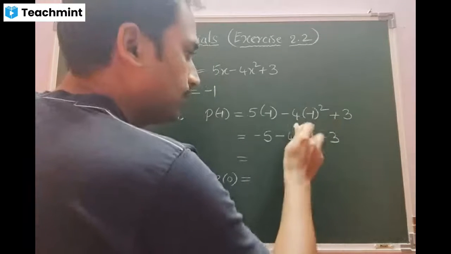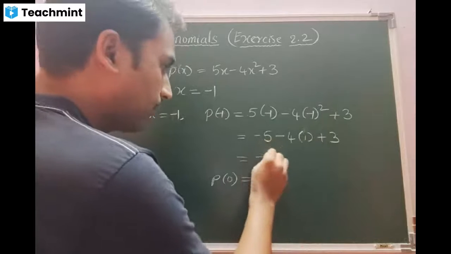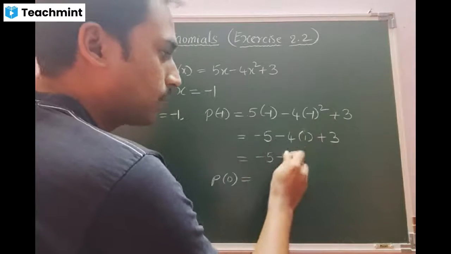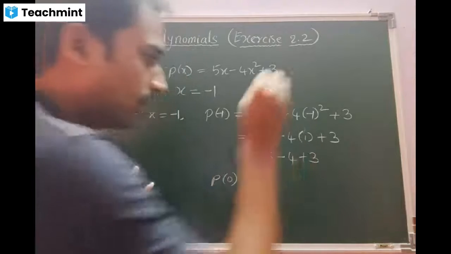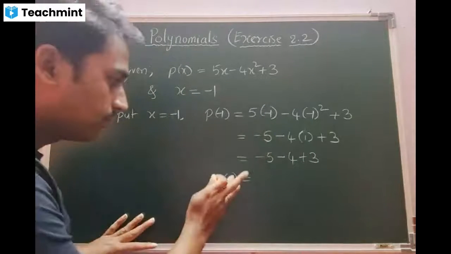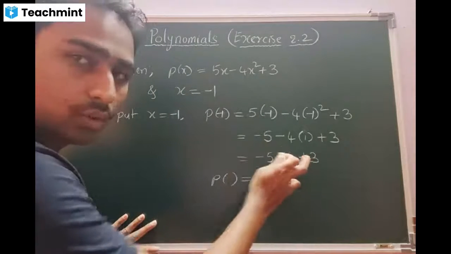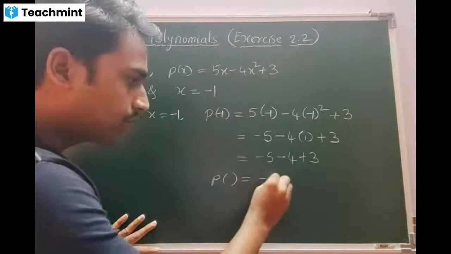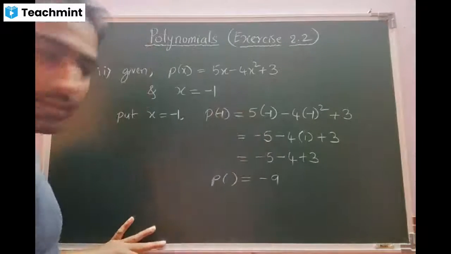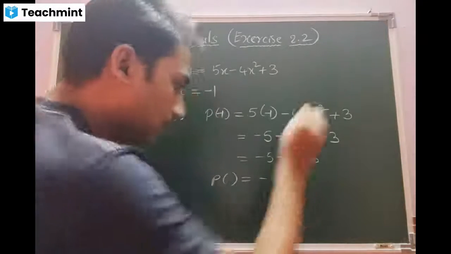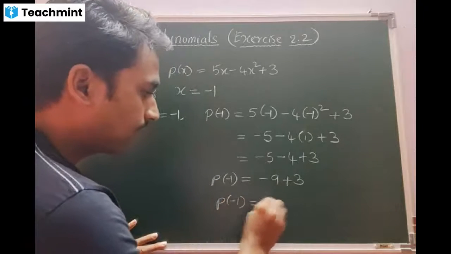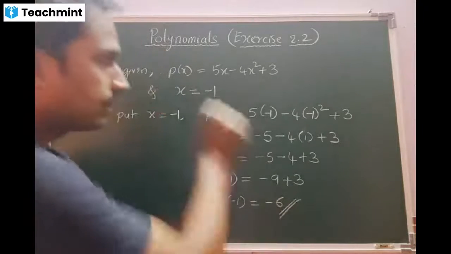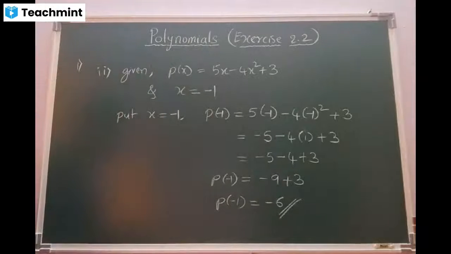Plus 3. Then minus 5, minus 4 into plus 1 is minus 4, plus 3. If you go for the final one, minus 5 and minus 4 both are negative, so minus 9, and then plus 3. So finally, you are going to get p of minus 1 as minus 6. Is it clear, students? Yes, sir.